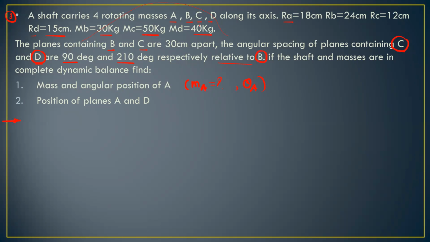Now, what is given in this problem? There are 4 masses which are connected to shaft, which is rotating with some angular velocity. So we have masses A, B, C, and D, and their radius are given.